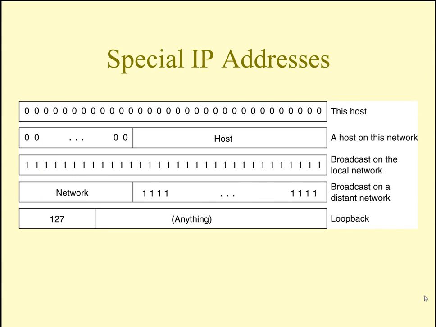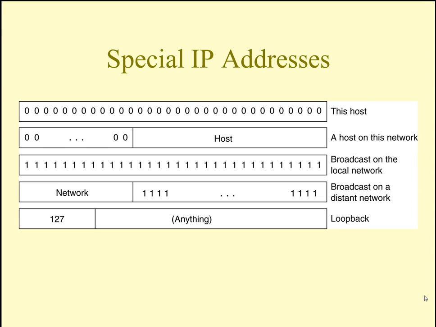There are a few special IP addresses that we have. If you have an IP address which is all zeros, so 0.0.0.0, that is always going to refer to the current host. If you have just the network portion of the IP address as zeros, and then you have numbers for the host address, that is always going to refer to a host that's on the current network.